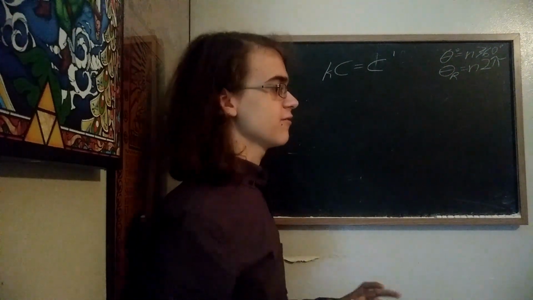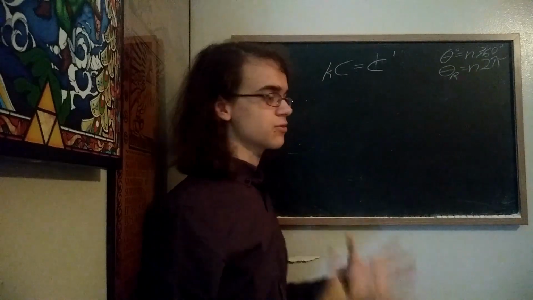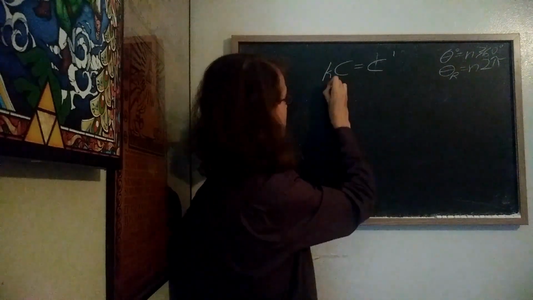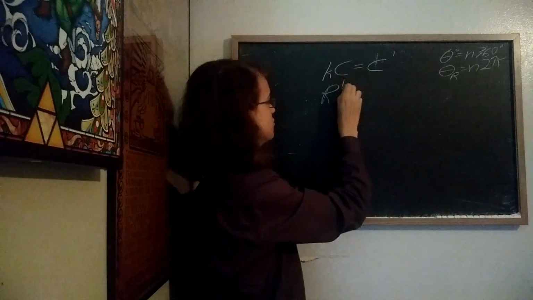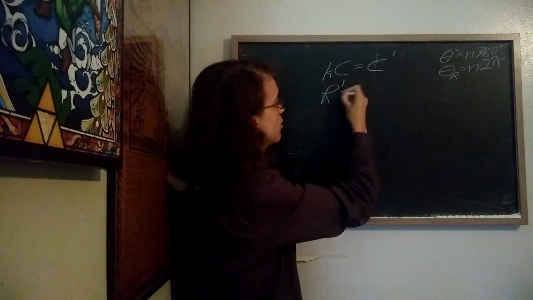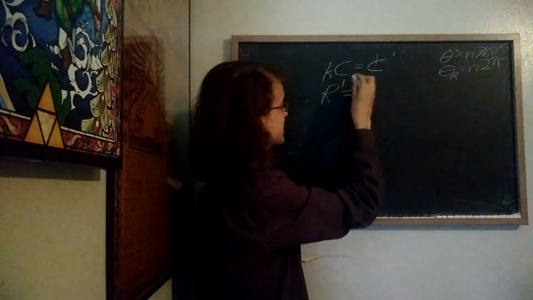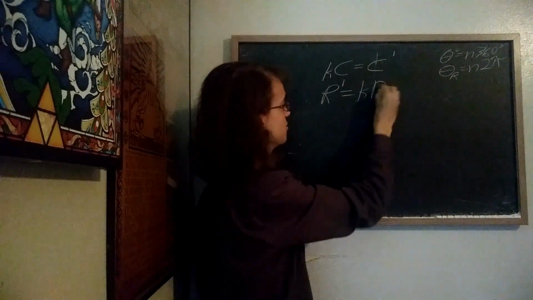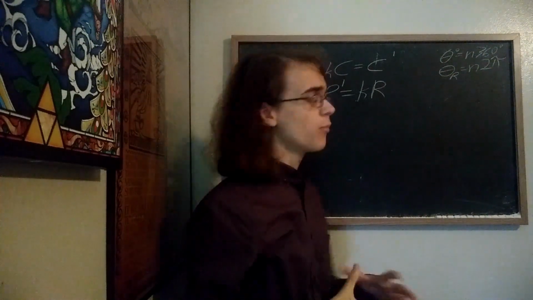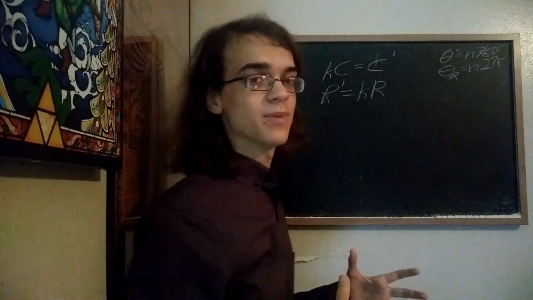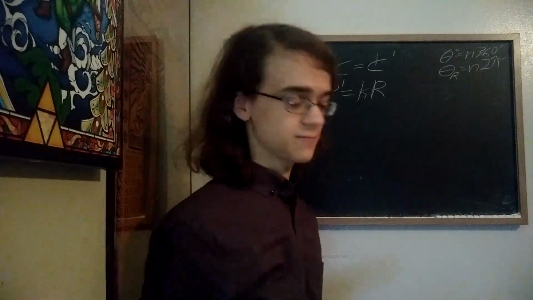But for that new circle, its new radius, radius prime, would also be that same scalar times the original radius. All parts of the circle get multiplied by the same constant.